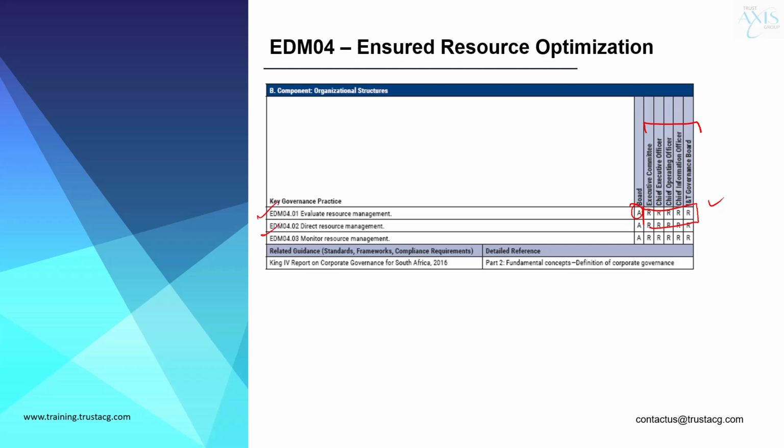The second thing is around direction towards resource management. Once evaluation is complete, the next step is to provide direction for how resources should be optimized. This step involves setting resource management priorities and ensuring that they align with the goals of the business.